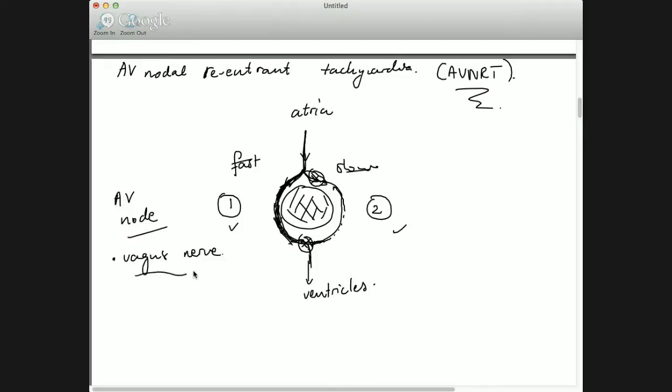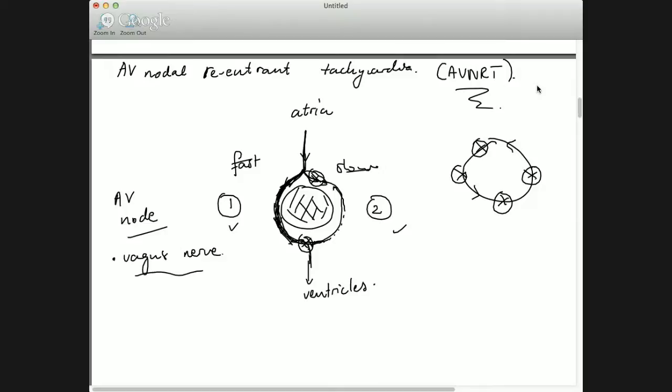Now, your vagus nerve can actually block conduction, because if you have any reentry circuit, if you want to stop the reentry circuit, all you need to do is block it somewhere. You can block it here, you can block it here, you can block it anywhere along this region.